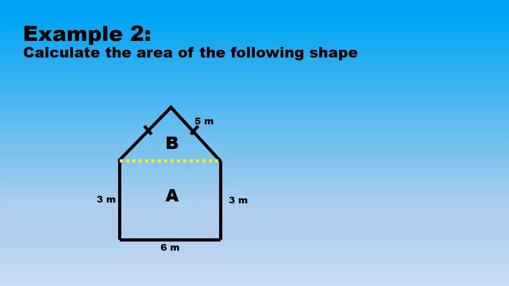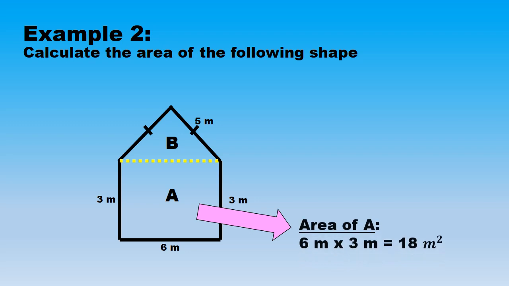So you can cut it into 2 like that. And A is easy to find because it's length times breadth, which is 6 times 3, which is 18 meters squared. Ka-ching! Put it aside. You've got the area for A. Highlight it. Keep it aside because you have to add that at the end together with B to get the total area.